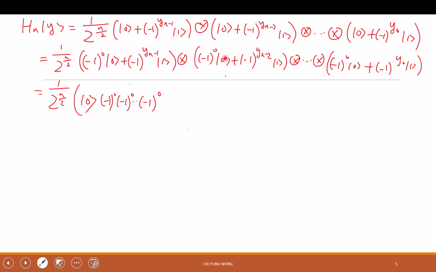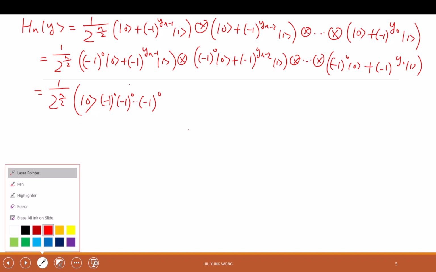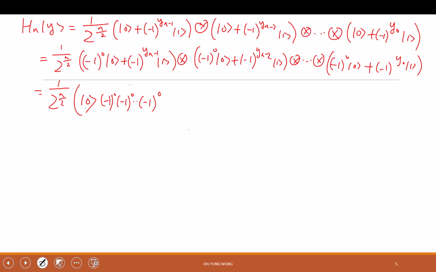Because this 0 times this 0 times this 0. Make sense? Again, this is a decimal, right? So I have n 0s here. This one means I have 0, 0 all the way to 0 in binary.